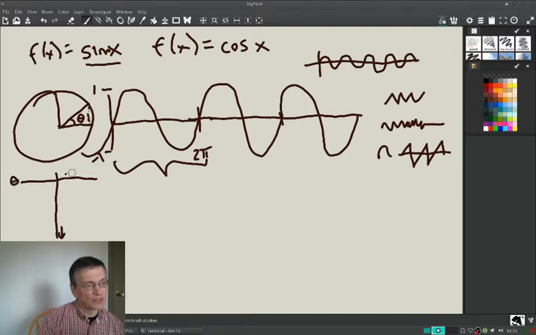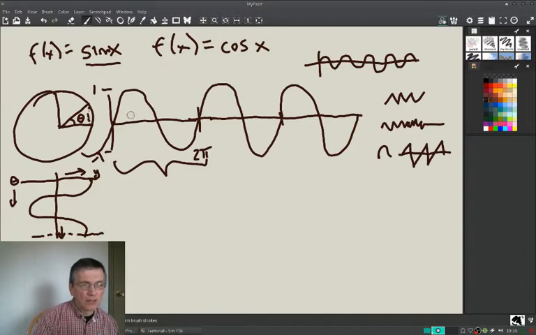And this is y measured out here. Alright, theta going that way. So when theta starts at 0, y, the cosine of x is 1. And as theta goes up to 90, cosine of x goes to 0. So it does this.